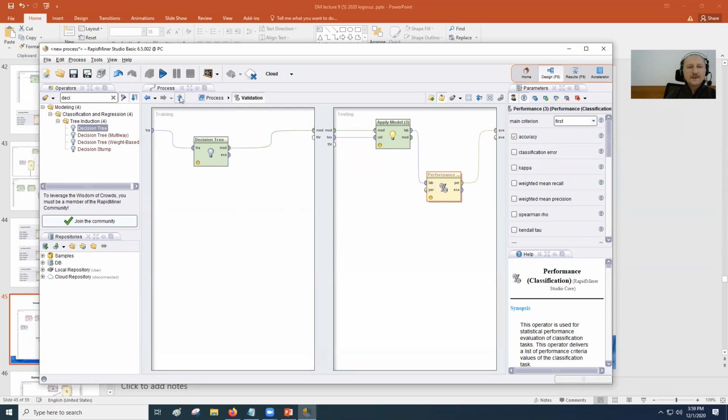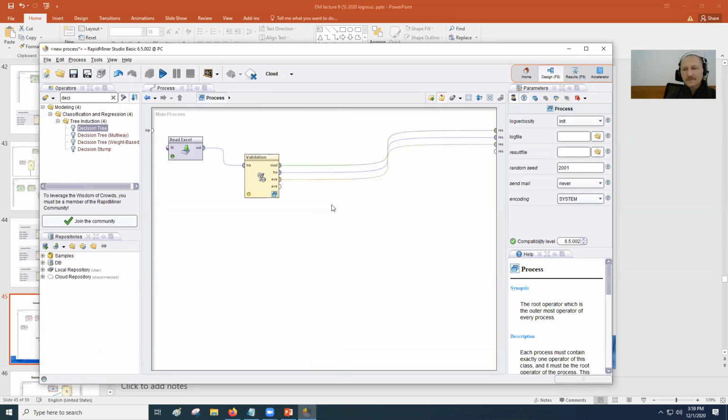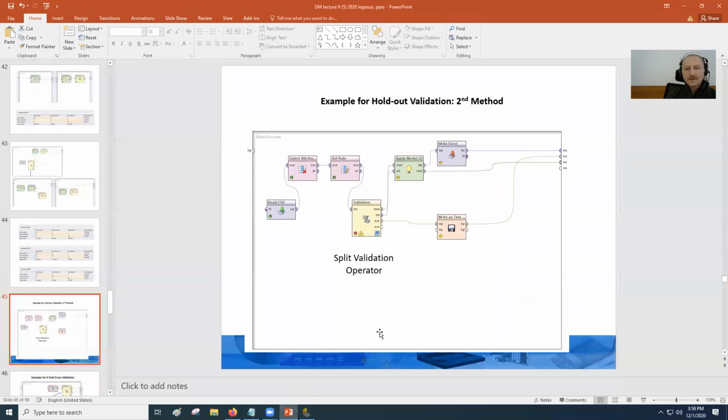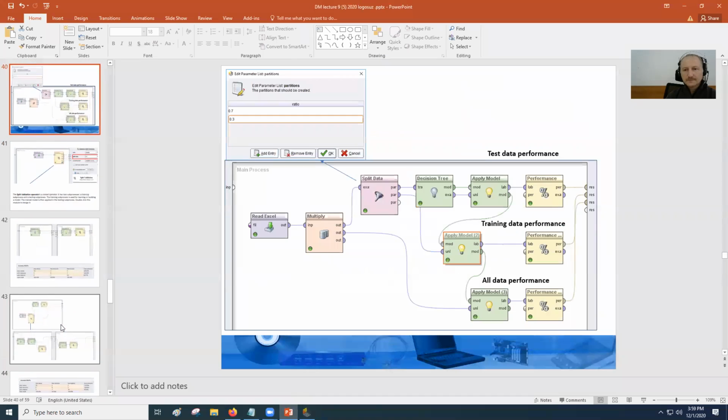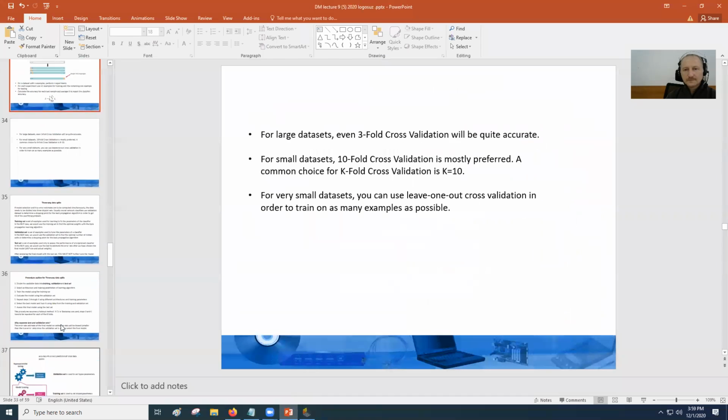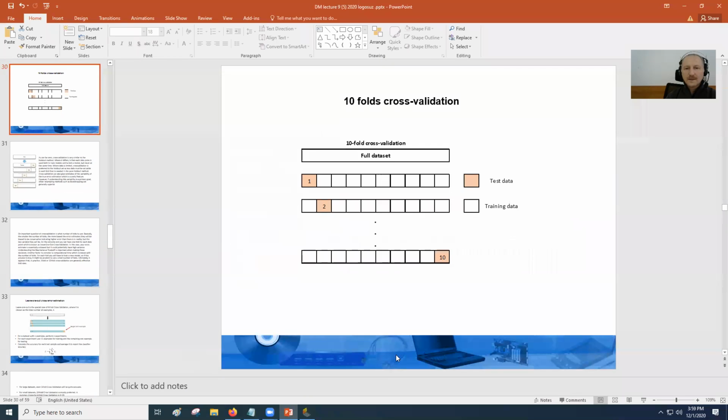So what is happening in this one? We are dividing our data into 10 folds, 10 parts. One part will be used for testing and the remaining 9 parts will be used for training.